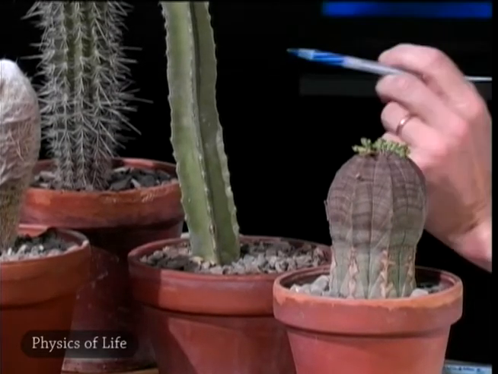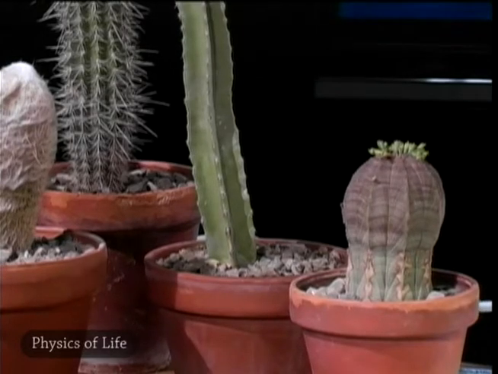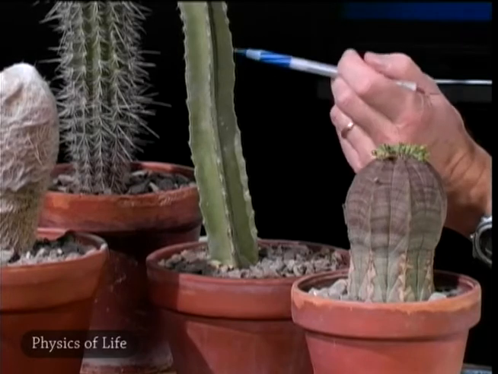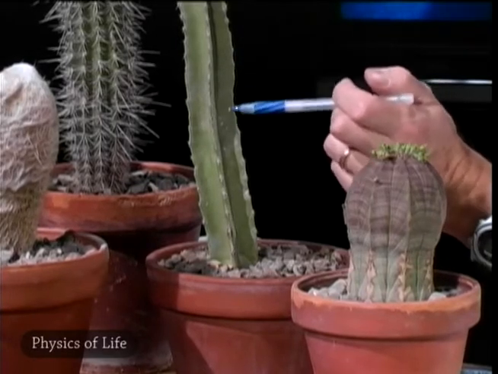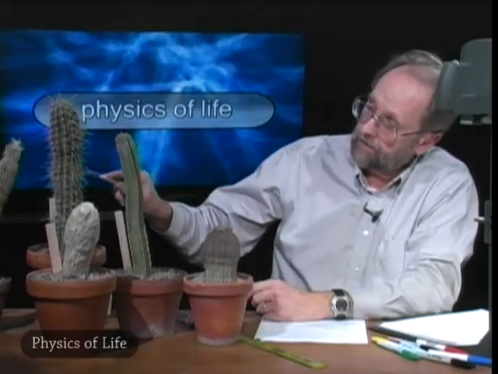When you come over to a plant like this cereus with the deep flutes in here, we saw that the effect of the flutes is to increase turbulent flow around the plant. And specifically, we saw that there's a great deal of vertical mixing within these flutes that takes place as a result of that turbulence.